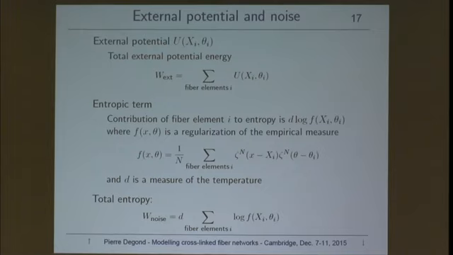So the entropic term, I will construct in a way that I borrowed from the literature on polymers, where you add an energy which is proportional to, say, the noise times the logarithm of the empirical measure of the particles. But since the empirical measure is a sum of deltas, you can't take the log, so you have to regularize this distribution in order to make sense of it.